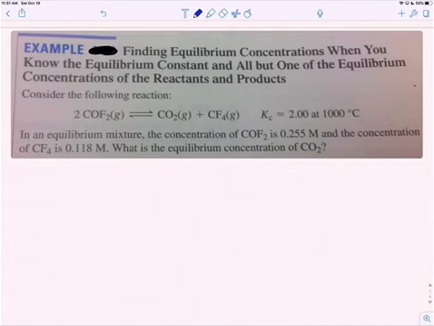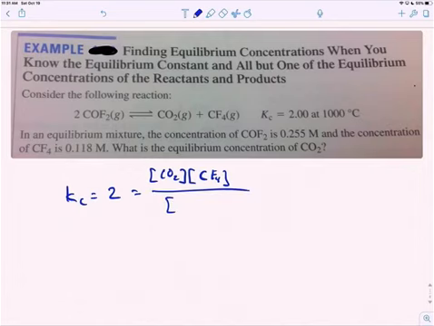Okay, if you look at this, our Kc is 2, which equals the products over the reactants squared.